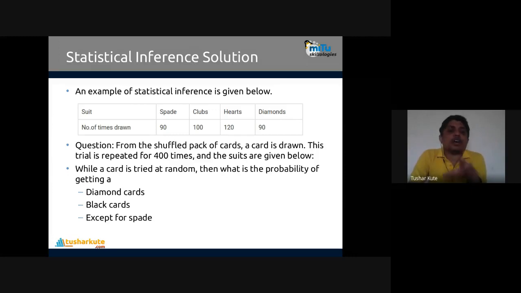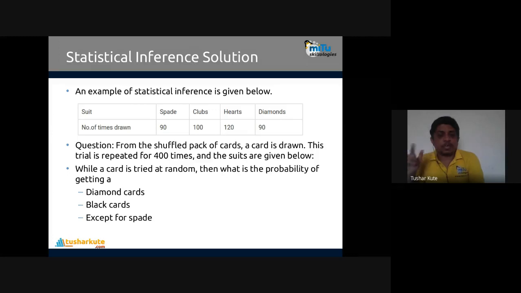Now, when a card is drawn at random, what is the probability of getting a diamond card? When I take any random card out of it, what is the probability of getting a black card? Diamond card means four possibilities are there: diamond, heart, club, and spade.